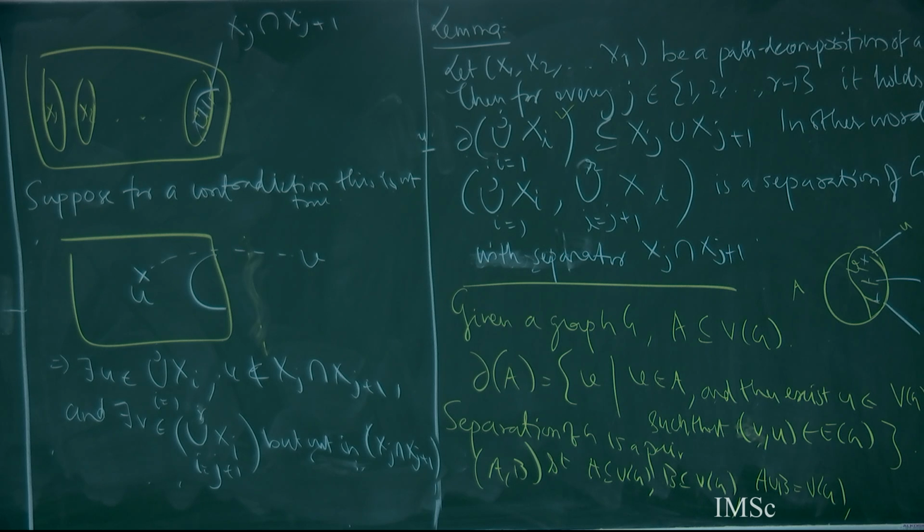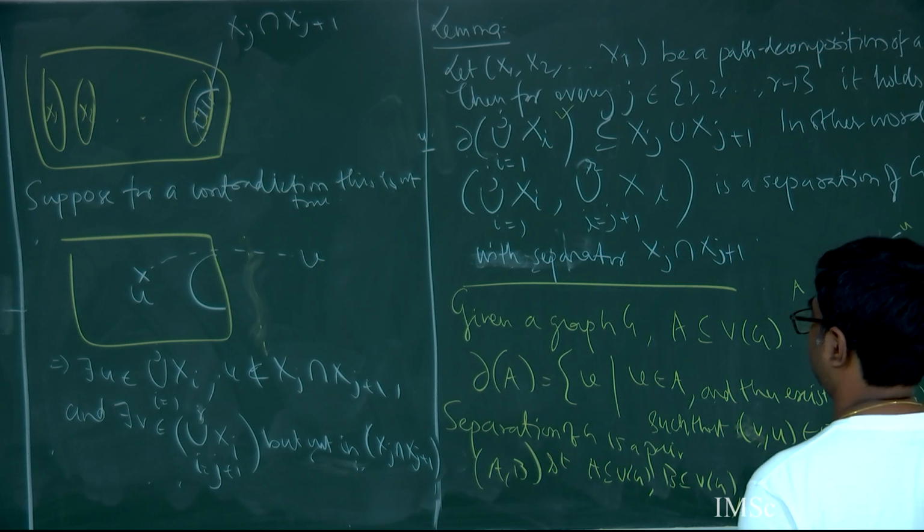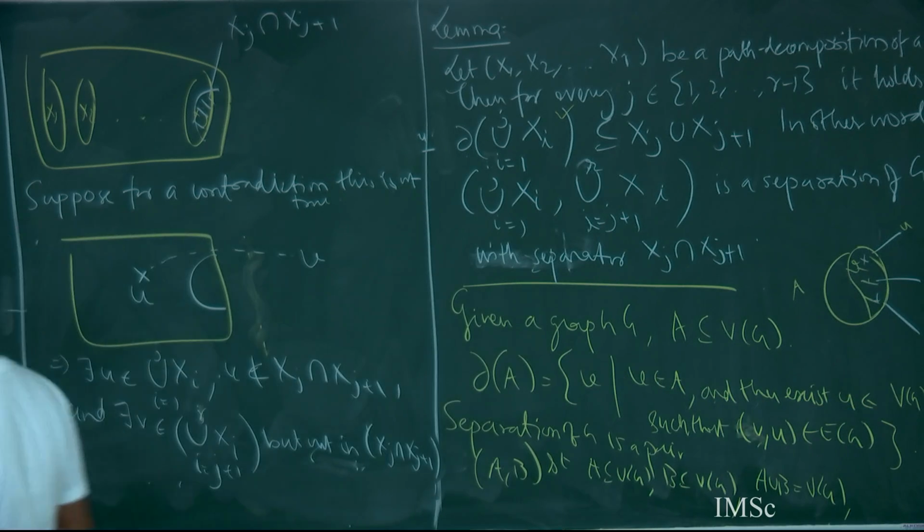Okay, so is this fine? And this is a basic crucial property about path width, and we will prove a similar lemma about tree width. Okay, so done.